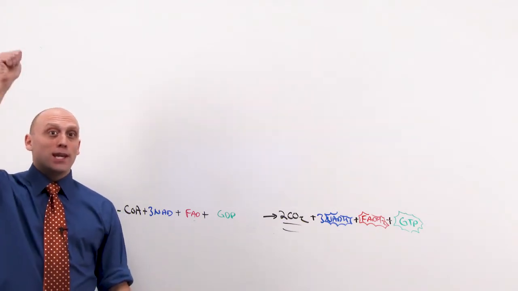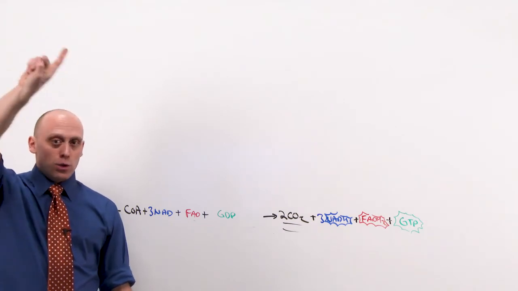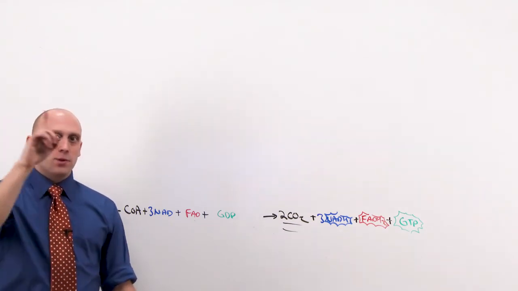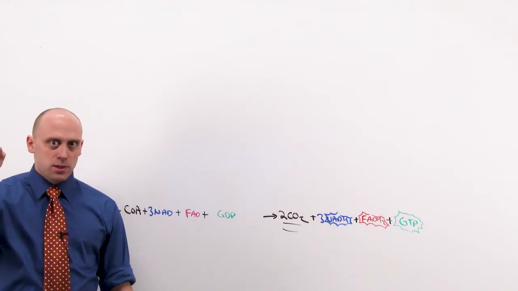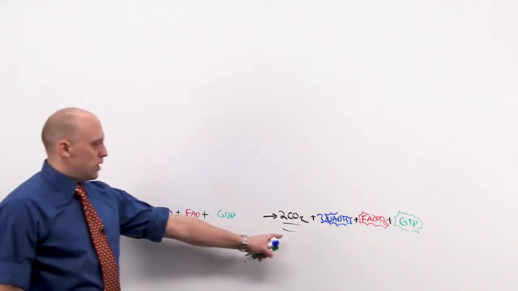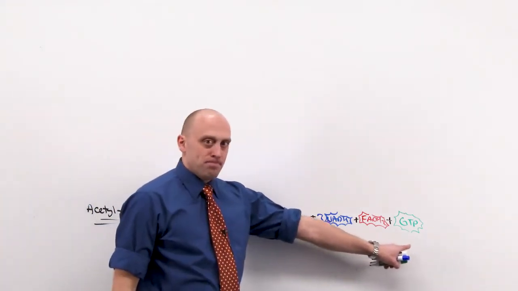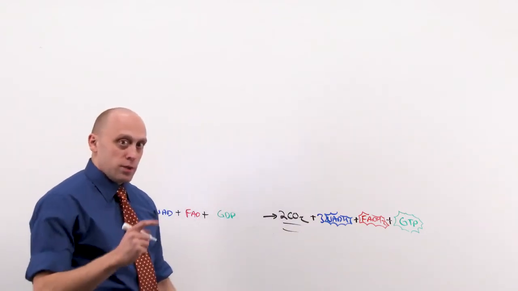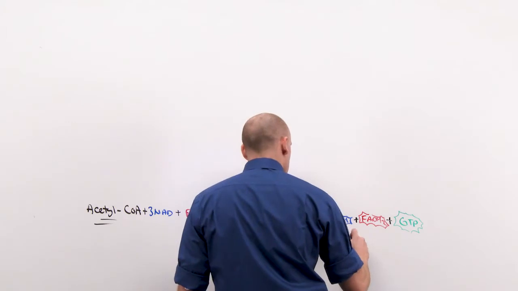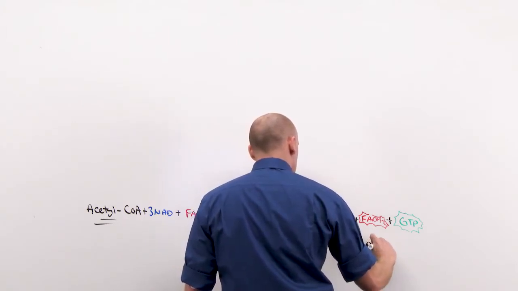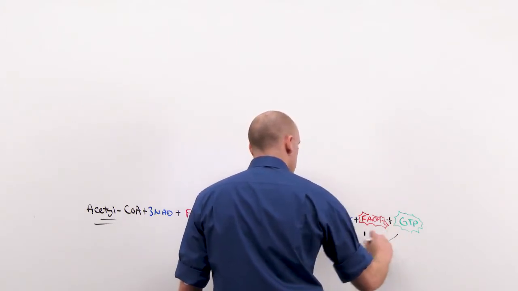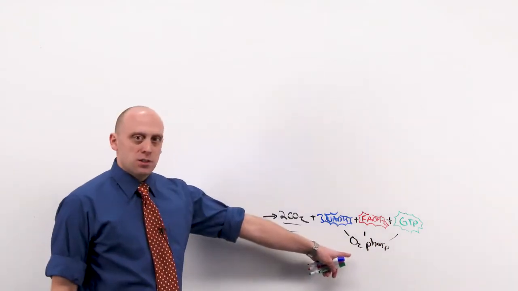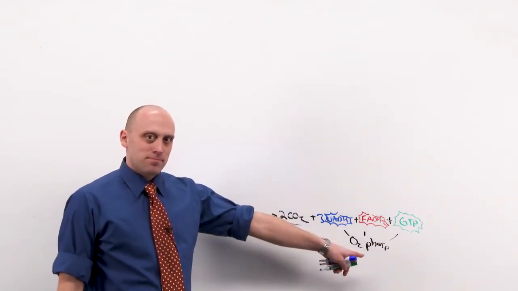You go in as acetyl-CoA, you turn the wheel one time, 360, everything happens, and what comes out is carbon dioxide as well as some energy. This energy is going to go to the electron transport chain where oxidative phosphorylation occurs. In the presence of oxygen, ATP is made.